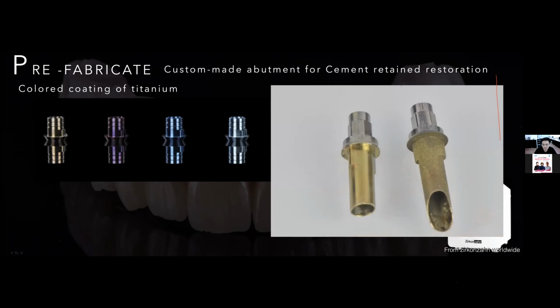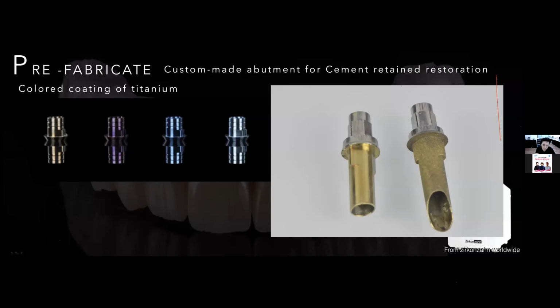And another important point is that you shouldn't coat the color on your contact surface, because the contact surface connects to the feature, and I said the connected surface must be very precise.